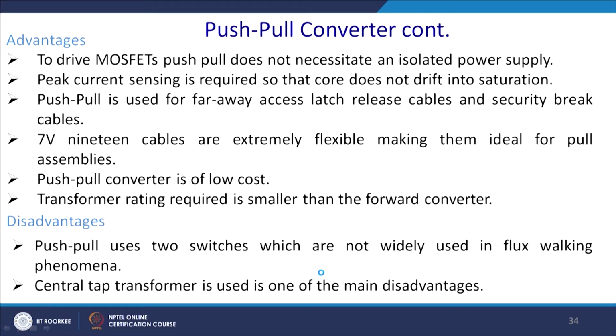One, resetting of the flux is easy. We require a compensating winding or resetting winding in the case of the flyback converter as well as the forward converter for resetting the flux, and that gives a voltage stress across the devices. Here, the flux is automatically reset in every cycle, and if a little adjustment is required, we can do it by a little change in the duty cycle.